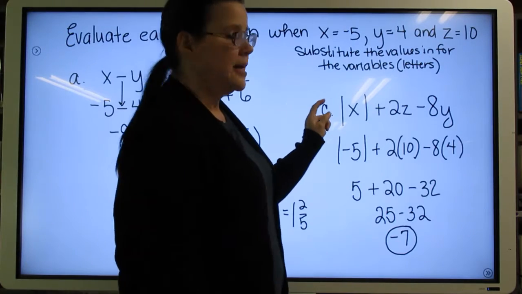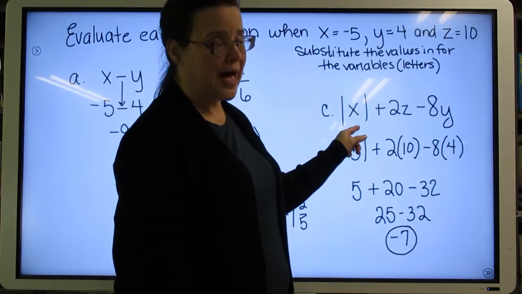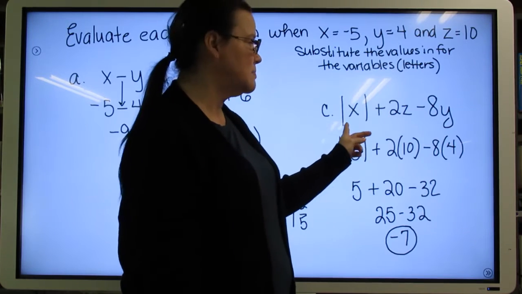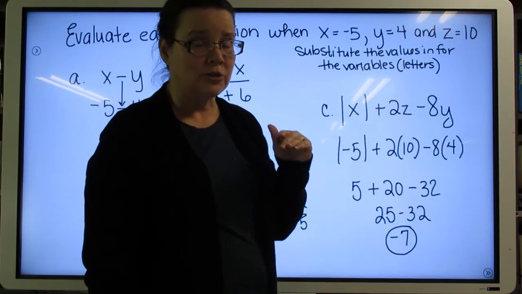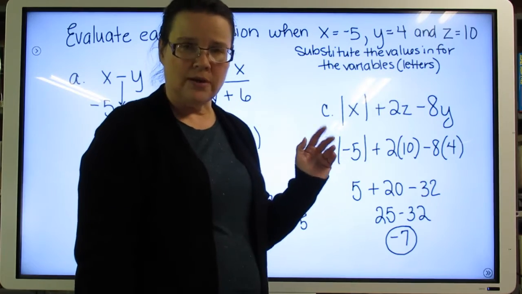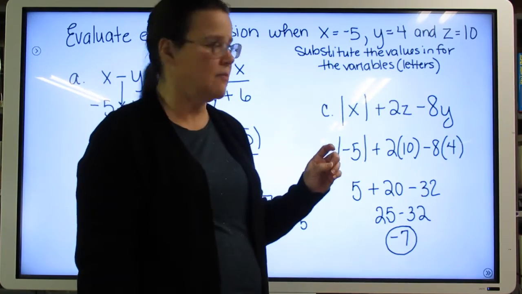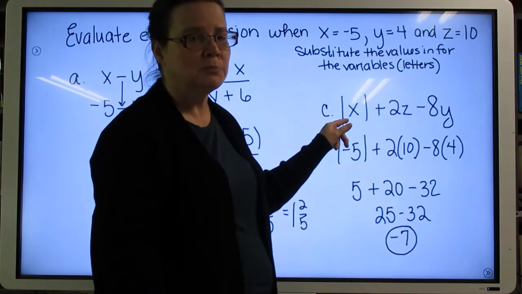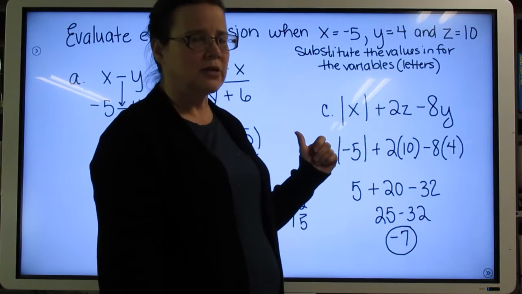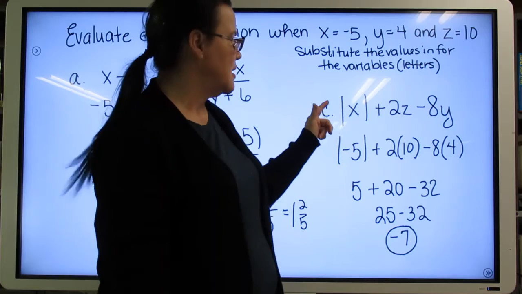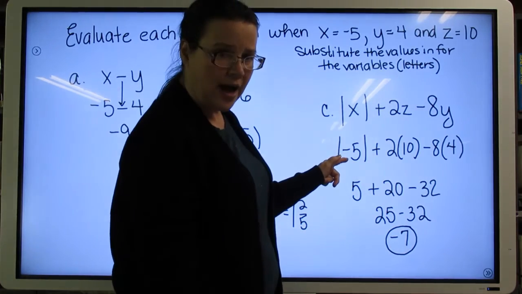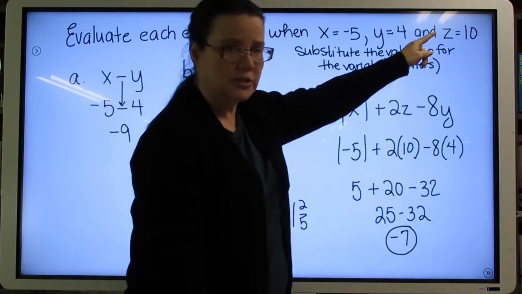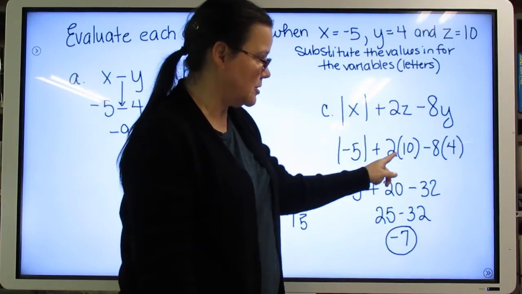This one is the absolute value of x plus 2z minus 8y. I talked about absolute value in the integers lesson, which is already on there, and if you don't understand absolute value at this point, you would go back to the integer lesson video and review that. But we would put in our negative 5, and then we would have 2 times z, where z is equal to 10, so 2 times 10.